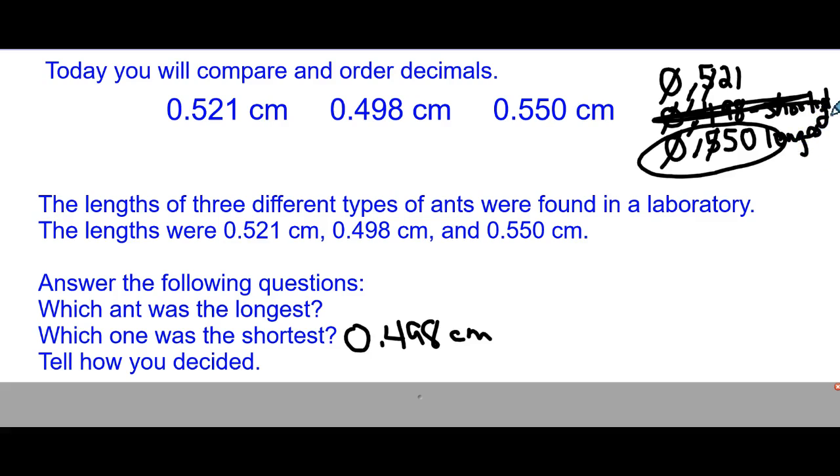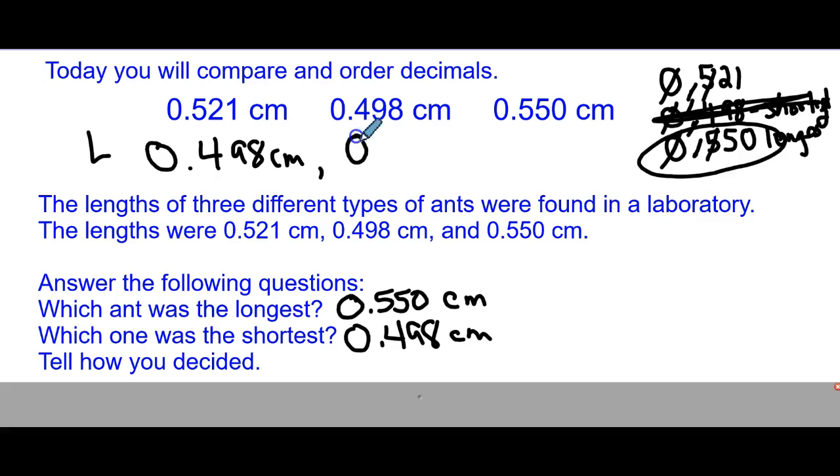So the ant that measures 550 thousandths, or 55 hundredths, of a centimeter is the longest. So the one that's right in the middle is 521 thousandths of a centimeter. So if I were going to put these in order from least to greatest, from least, it would be 498 thousandths of a centimeter.